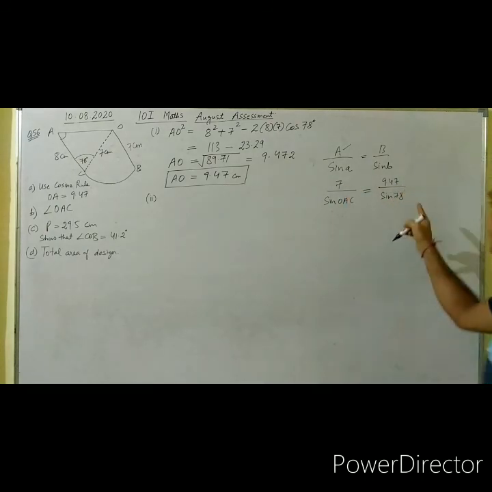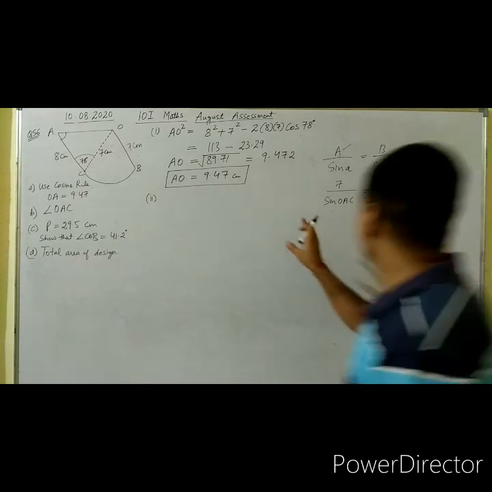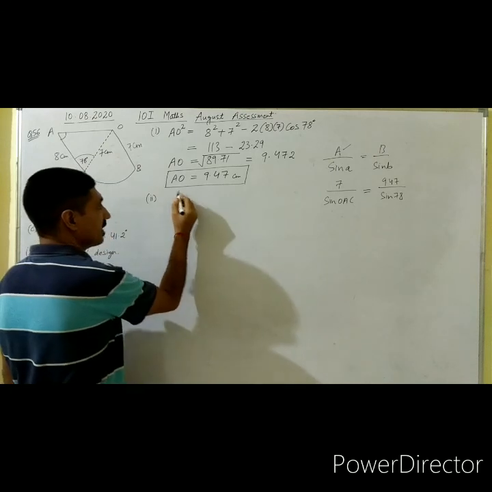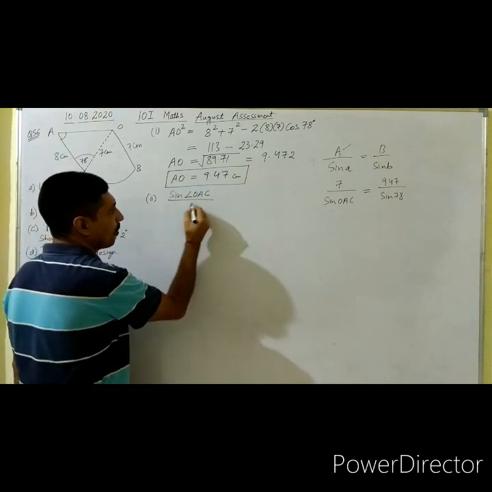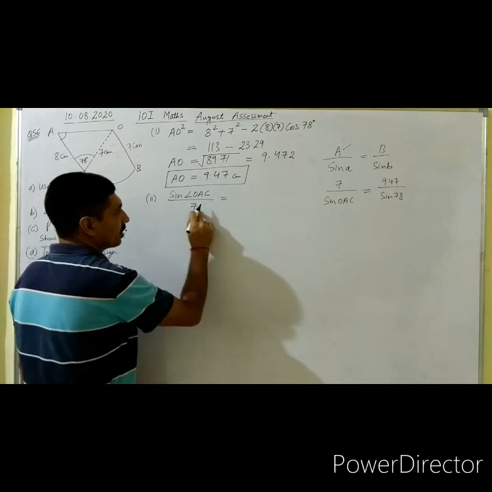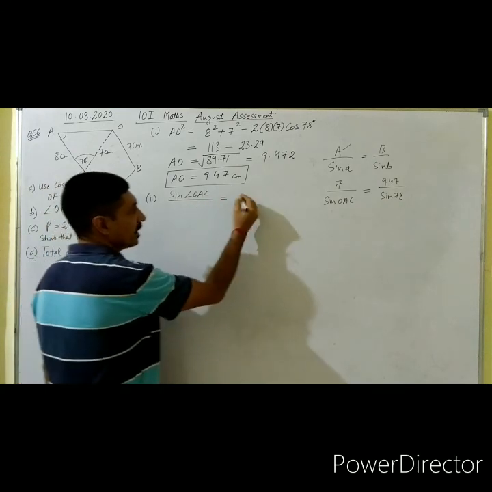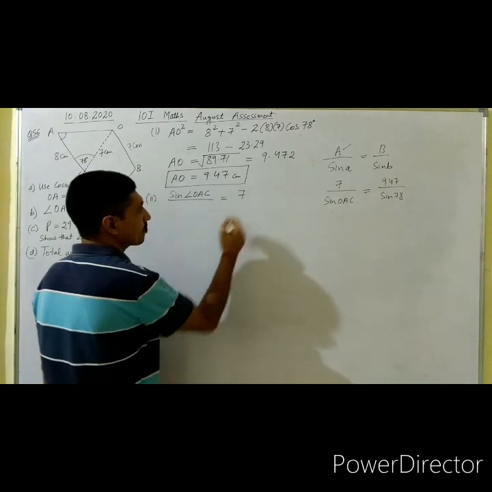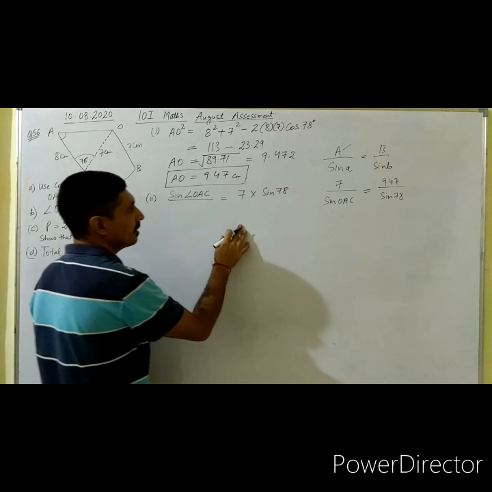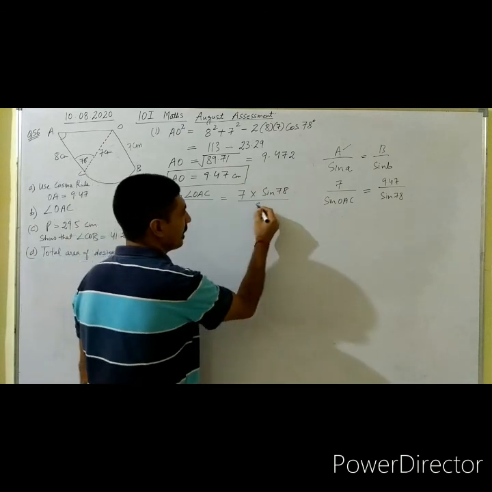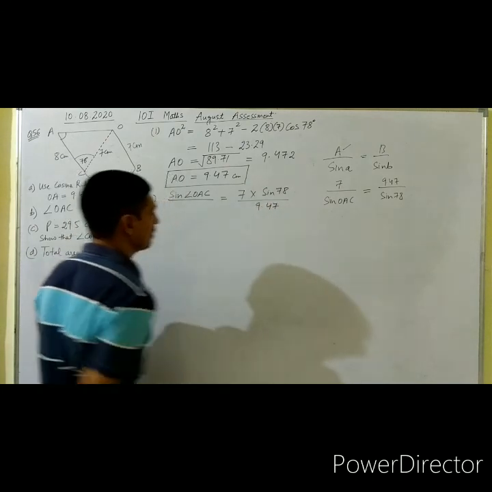So by cross multiplying, we have angle OAC, right? We can write it this way: sine of angle OAC upon 7, cross multiply. So here it is 7 into sine of 78, taking the reciprocal, divided by 9.47.